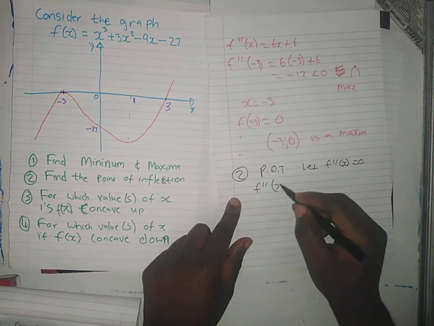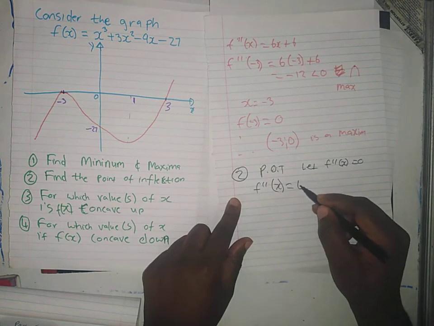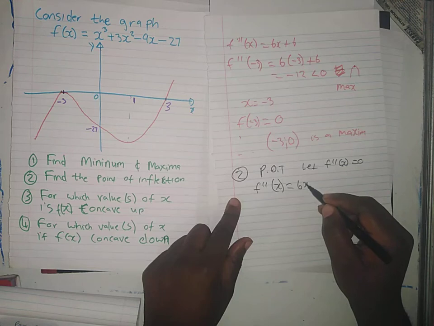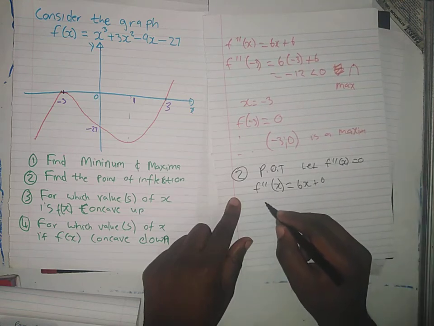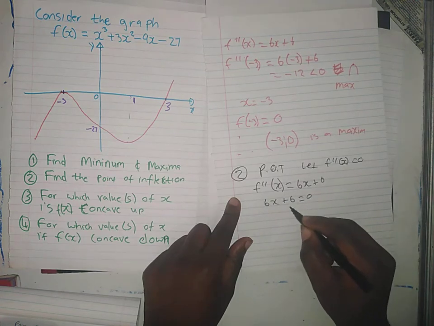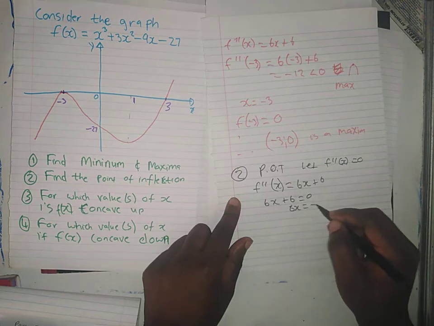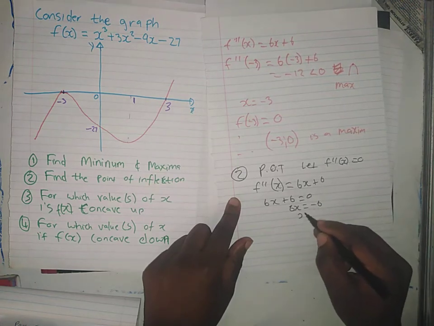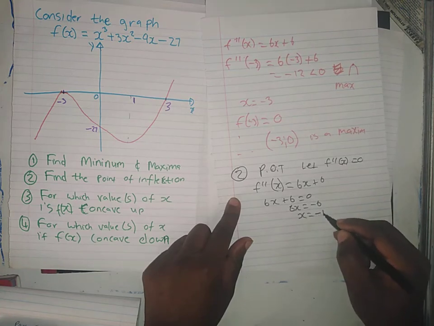You've got 6x plus 6, and when you let it be 0, you say 6x plus 6 is equal to 0. Take this 6 to the side, it's minus 6, divide by 6 on both sides, and you get x is equal to minus 6 divided by 6, which is minus 1.